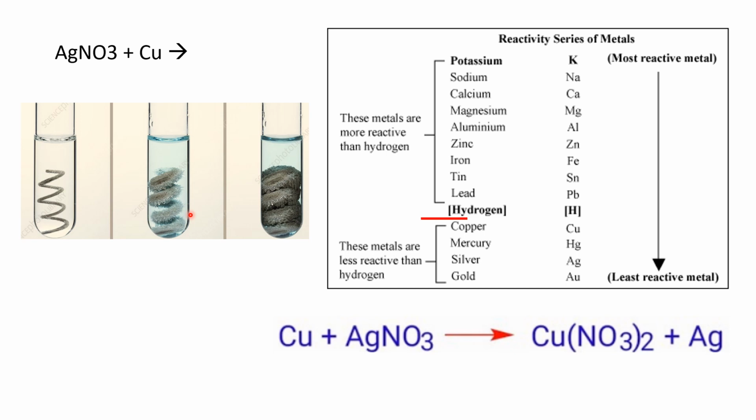Okay, so tanawan nato. Na-displace na yung silver. This is copper and silver. Copper nasa ibabaw sa silver. So copper is able to displace silver in this reaction because copper is more reactive than silver. This is the balanced equation.